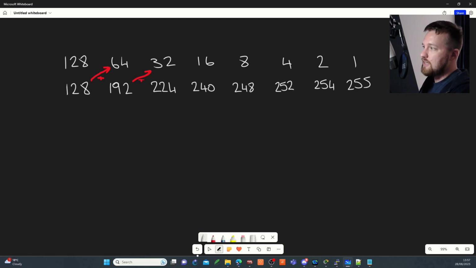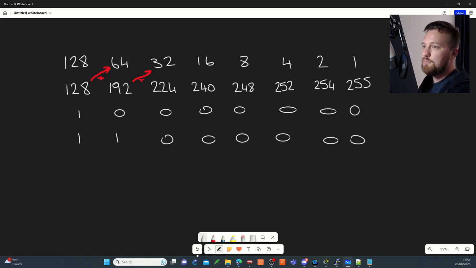The first is that if we had the string of 1, 0, 0, 0, 0, 0, 0, 0, that follows that rule. It means that my value would be 128. If we keep going this way, eventually we get all of these values.